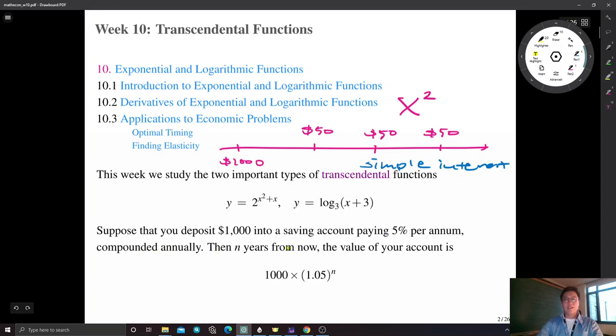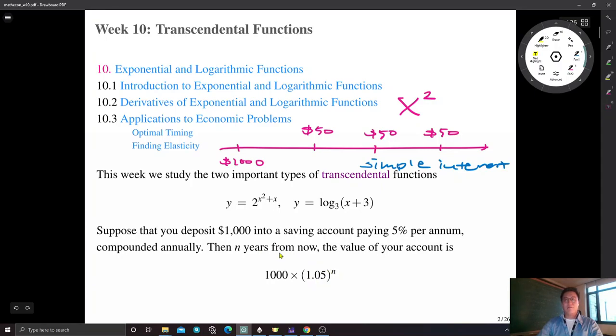Okay? So in this case, if you think about the bank balance at the end of the second year, you have 1,050 and another 50, and plus 5% of this 50, that is $2.50. So total you have 1,000 times 1.05 squared.